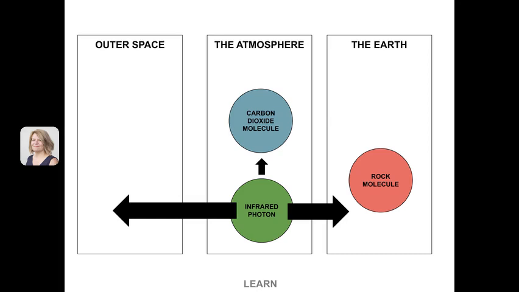It can go back into outer space, it can go back towards the ground and get absorbed by another rock molecule, or it could go towards another carbon dioxide molecule, get absorbed again, excite that carbon dioxide molecule, make it vibrate, and then release it again. So remember, those little infrared photons, you can think of those as little packets of heat. Okay, that heat energy can go in lots of different directions.